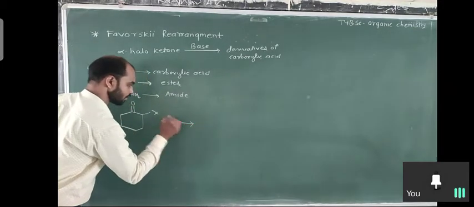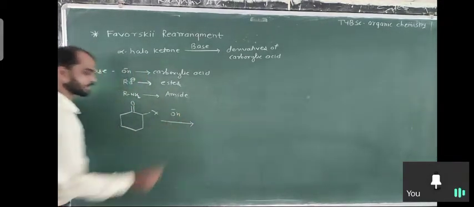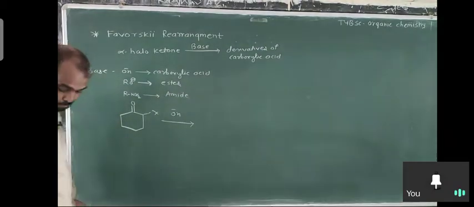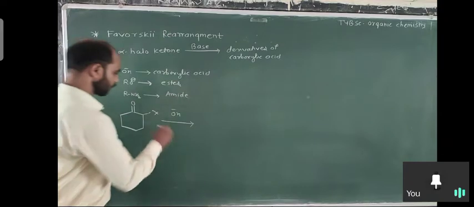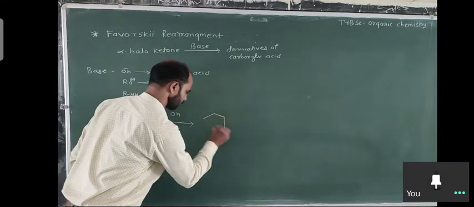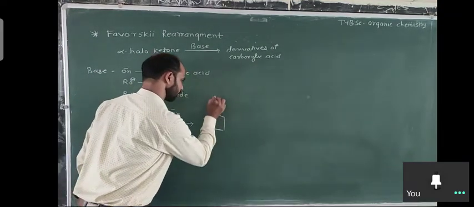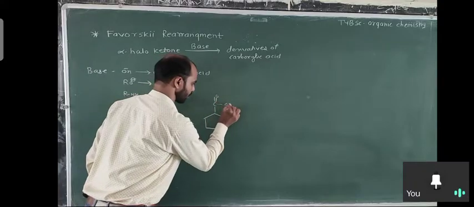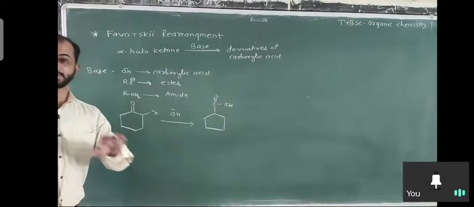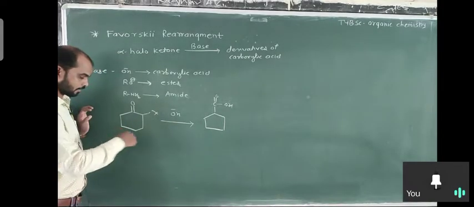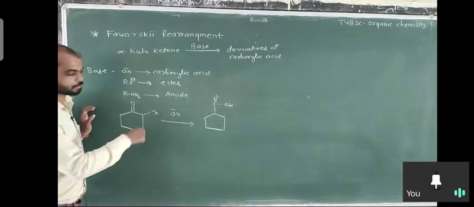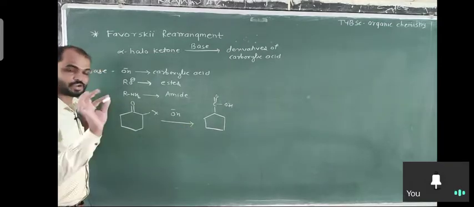In the presence of, suppose, hydroxide as the base, the product formed is carboxylic acid. But what is the difference? You can see here the starting molecule is a 6-member ring, but in the product there is a 5-member ring.